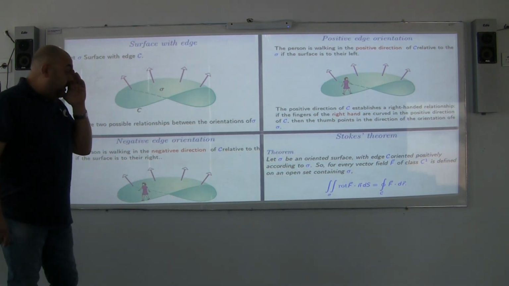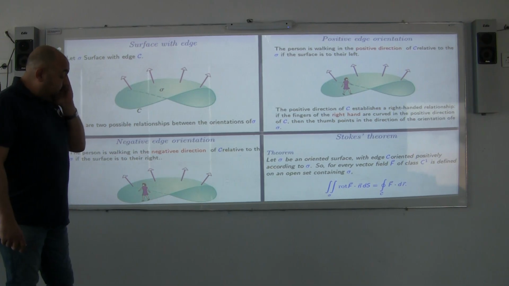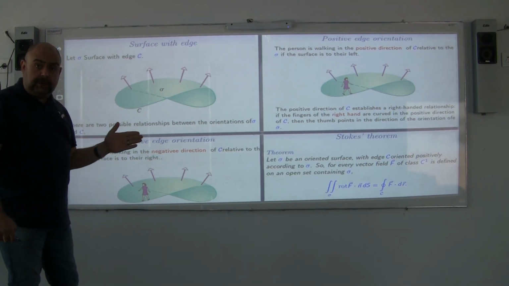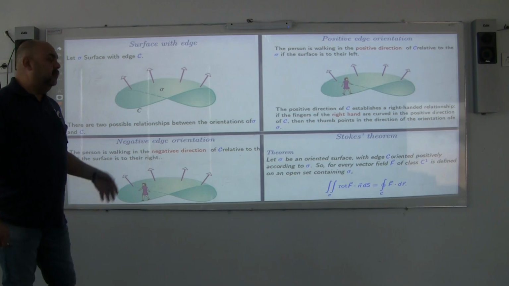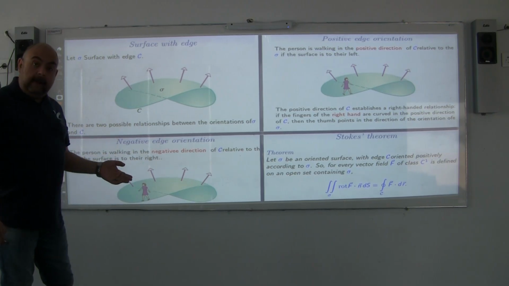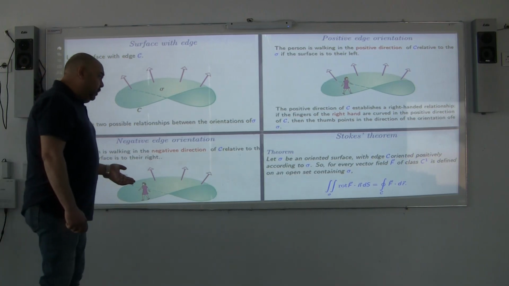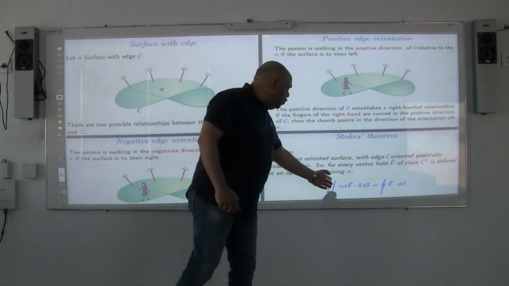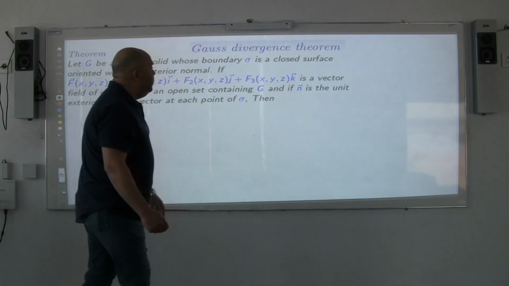So instead of dealing with a surface integration, I can do the contour integration, also very easily. And we will see applications on this today. That's the rotation, or the curl, of F and N.